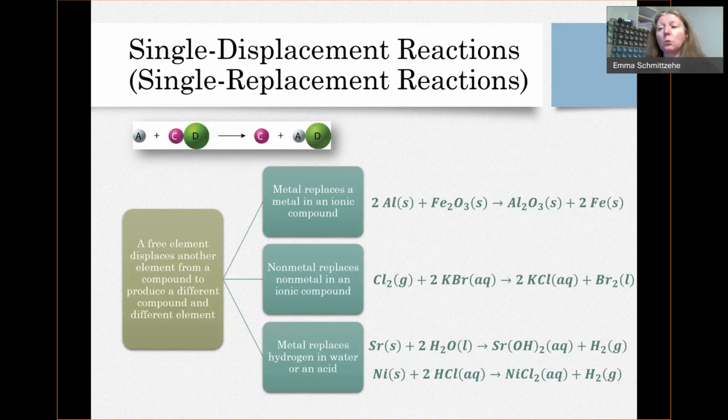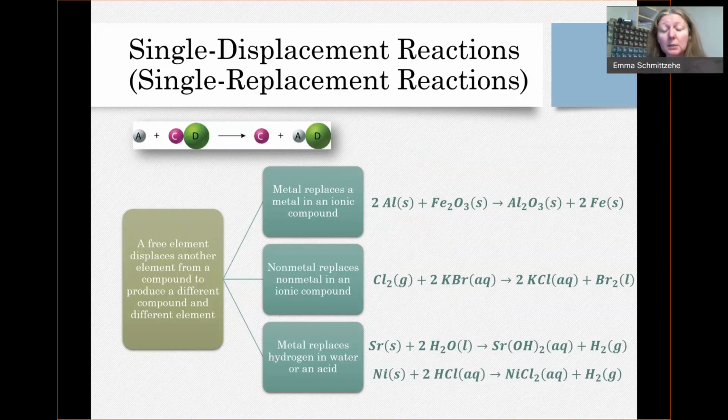And so it could be something that we have to kind of initiate the reaction. We have to, well, maybe not only initiate, but we have to force it to go. And so any single replacement reaction could occur, but some of them are spontaneous and some of them are non-spontaneous.